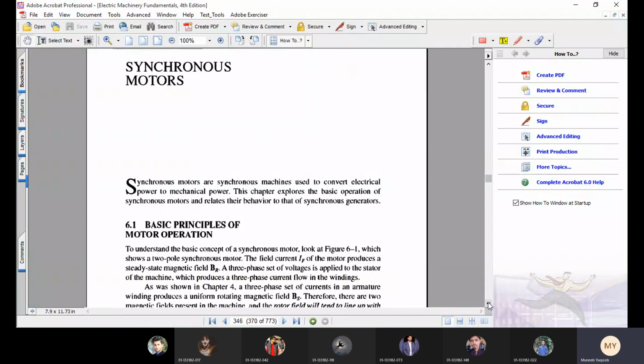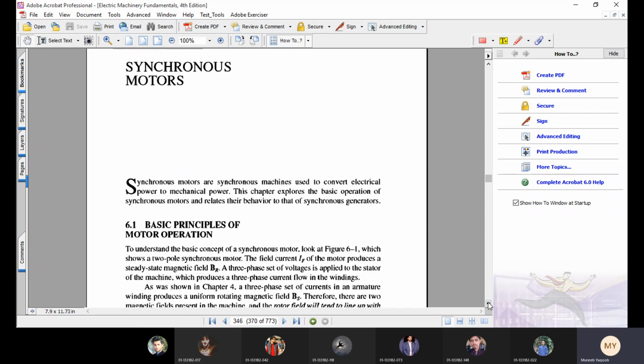So synchronous motors run at constant speed. The name synchronous is due to the reason that they run at constant speed. Their mechanical speed is basically locked with the electrical frequency, as we studied in chapter 4, that the mechanical speed of rotation Nm could be given as 120 times frequency f, whole divided by number of poles P. So suppose we have a 4-pole synchronous motor, its speed would be 120 multiplied by 50 whole divided by 4, that is 6000 divided by 4, that is 1500 rpm.